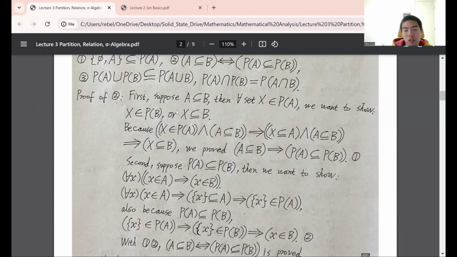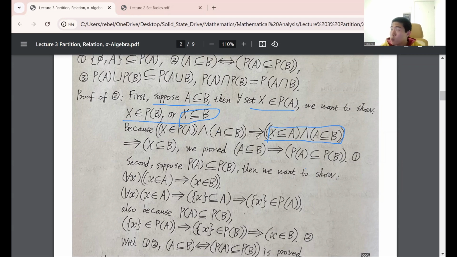Proving this if and only if relationship is usually done by first assuming one side is correct. So we first suppose this is correct, then want to prove this. To prove this, for all sets X belonging to P(A), we need to show it also belongs to the power set of B. It's actually simple, because if X belongs to P(A) and A is a subset of B, then this is transitivity.